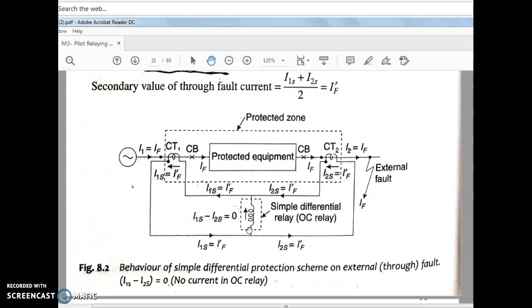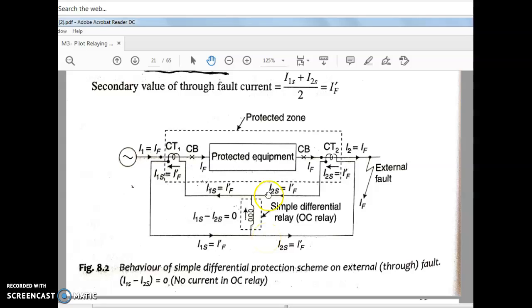The secondary currents I1S and I2S of these two CTs are equal to the fault current IF dash. Whatever current flows during the fault condition flows through the CT secondaries, and the differential spill current, I1S minus I2S, flowing through the operating coil of the overcurrent relay is 0.